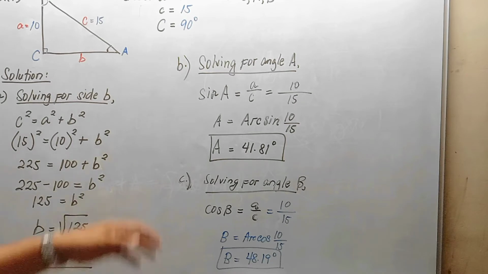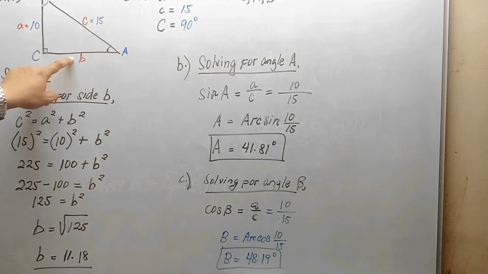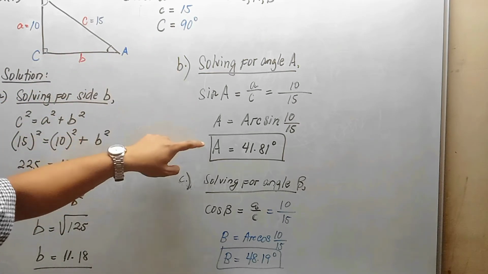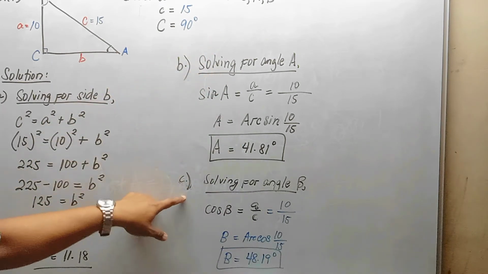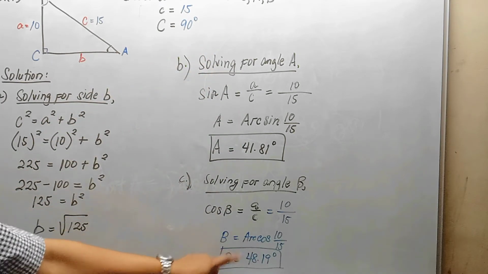We have already calculated the B side. Angle of A we have already calculated, it's 41.81, and the angle B is 48.19 degrees.